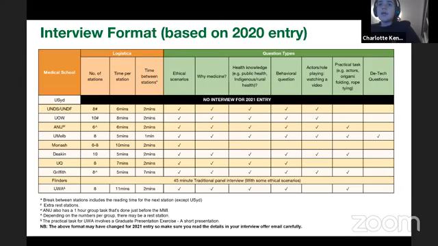Also, for why medicine, that's really important as well, because with that question, it can be a little bit generic sometimes, and we'll go into it in more detail later, but you can pre-prepare that one. And then health knowledge as well, and the behavioral questions, which are similar to the ethical scenarios.